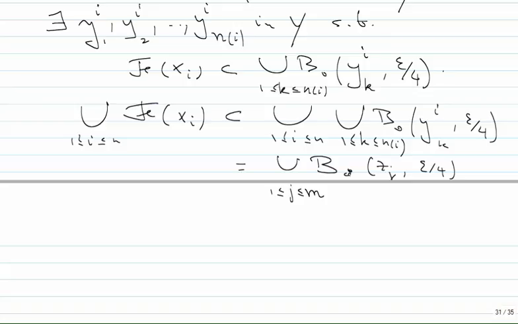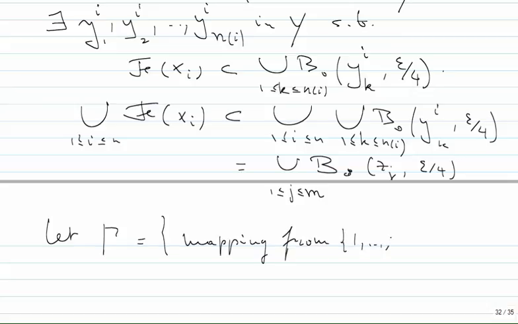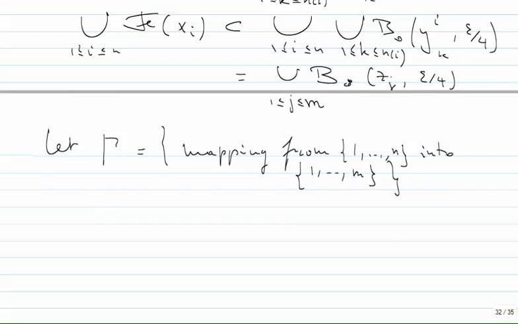Now let Gamma be the set of mappings from 1 to n into 1 to m. These are just mappings on the integers, so Gamma is finite.